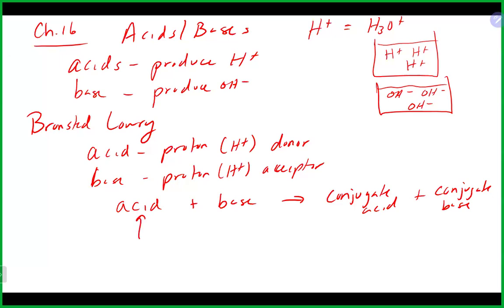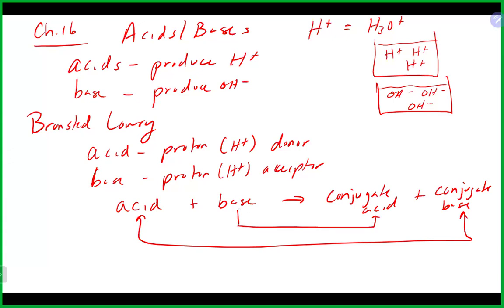The acid on one side is related to the conjugate base on the other, and the base on one side is related to the conjugate acid. The only difference here is that an acid will send over one H plus. So there is only one H plus difference in order for something to be a pair. If it's anything more than one H plus, then they are not considered a Bronsted-Lowry pair.